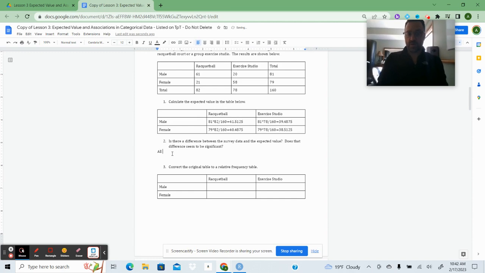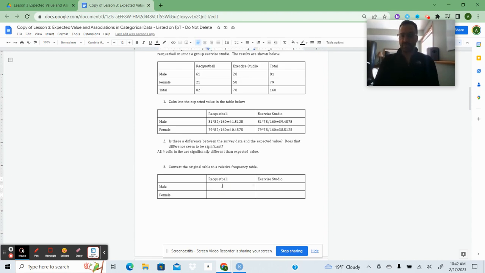So all four cells in the table are significantly different than the expected value. Then you might wonder, how do you measure the significance? And we're going to talk about the chi-square statistic next.